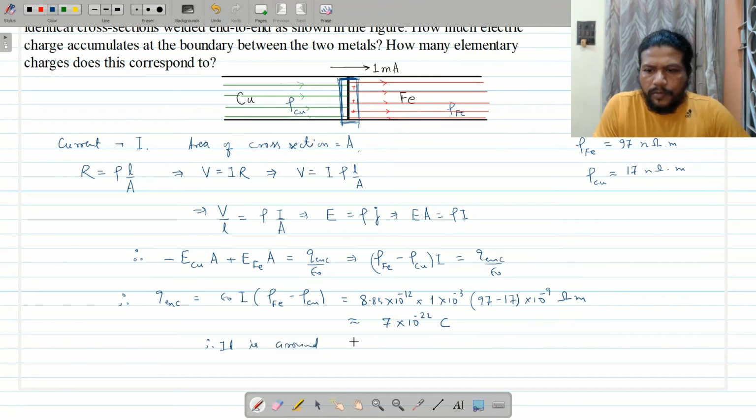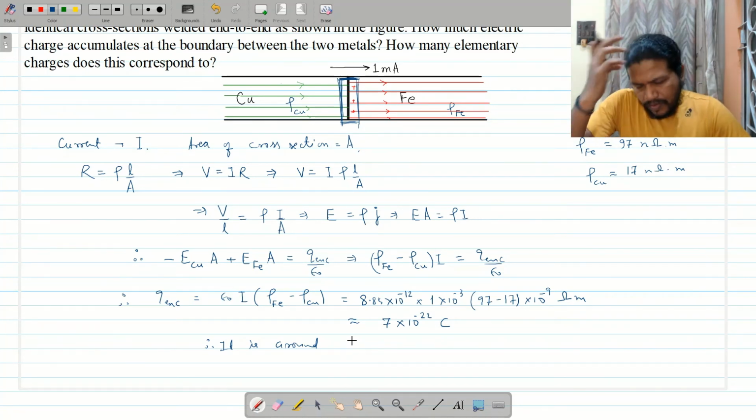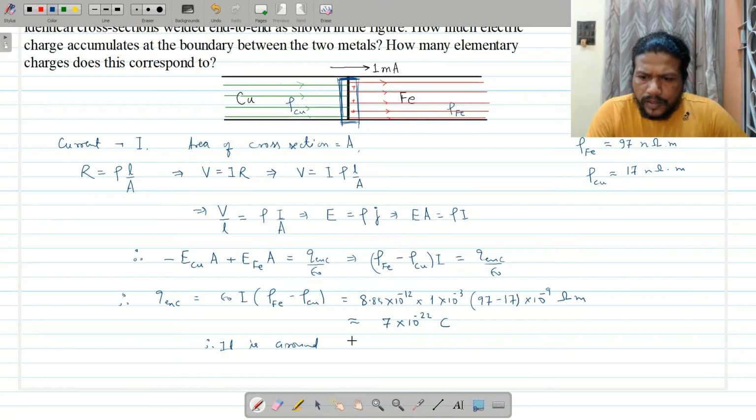It's around 7 times 10 to the power minus 22 upon 1.6 times 10 to the power minus 19, so roughly that will give us how much?